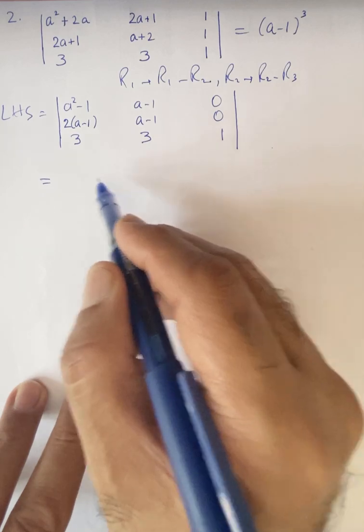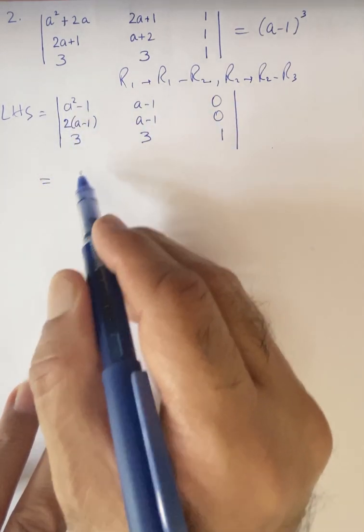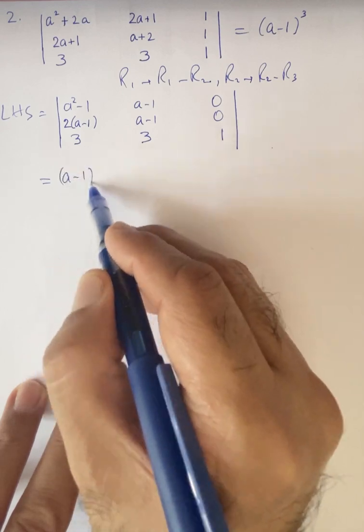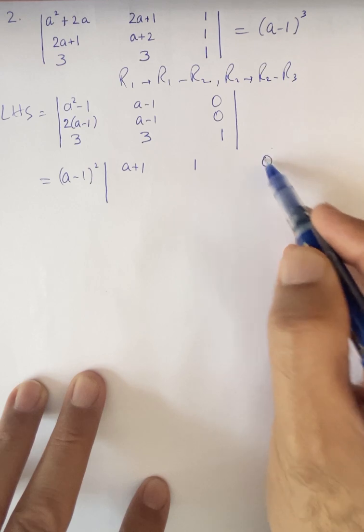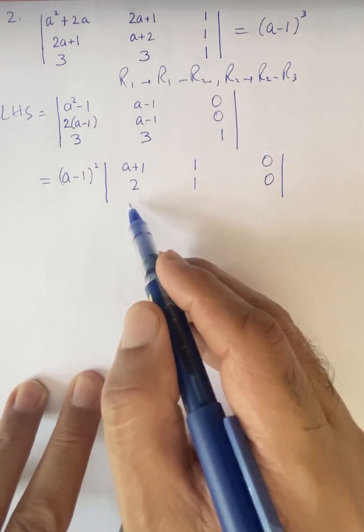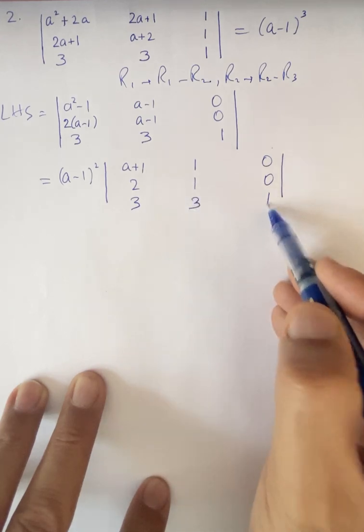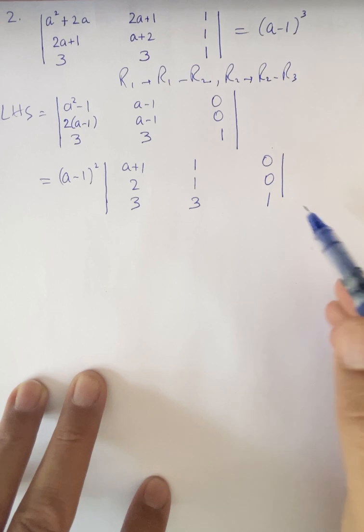We can take a minus 1 common from the first row, a minus 1 from the second row. So it's a minus 1 whole square. This will be a plus 1, 1 here, 0 here, 2, 1 and this is 0. This one is 3, 3 and 1. Now the third column has two zeros.